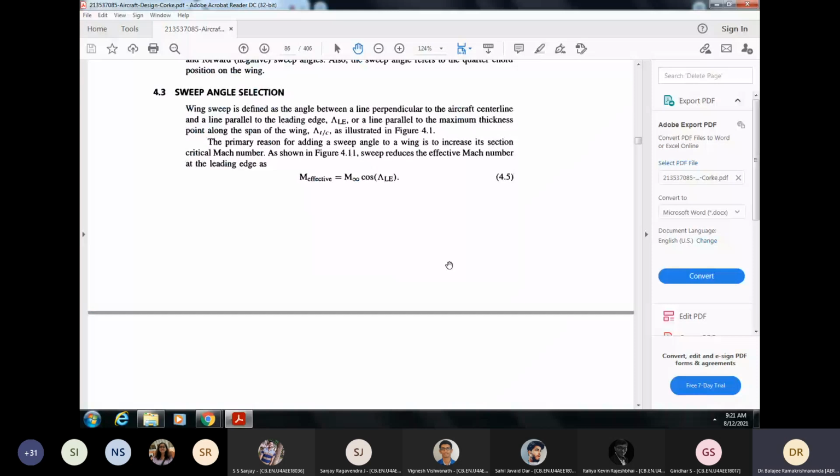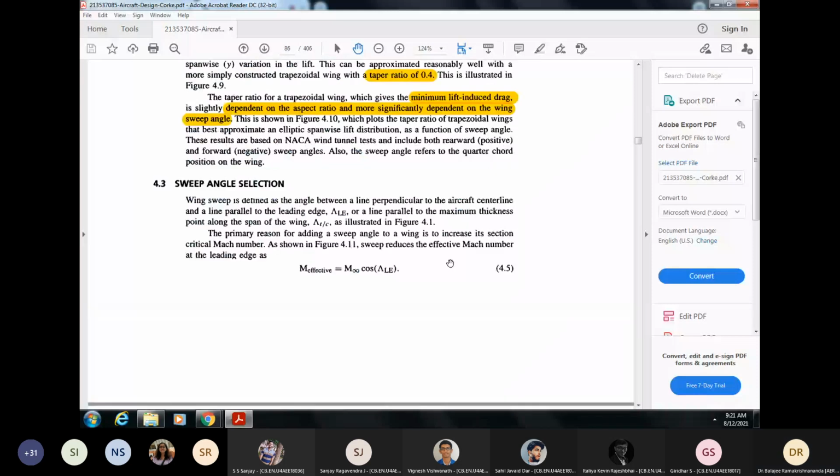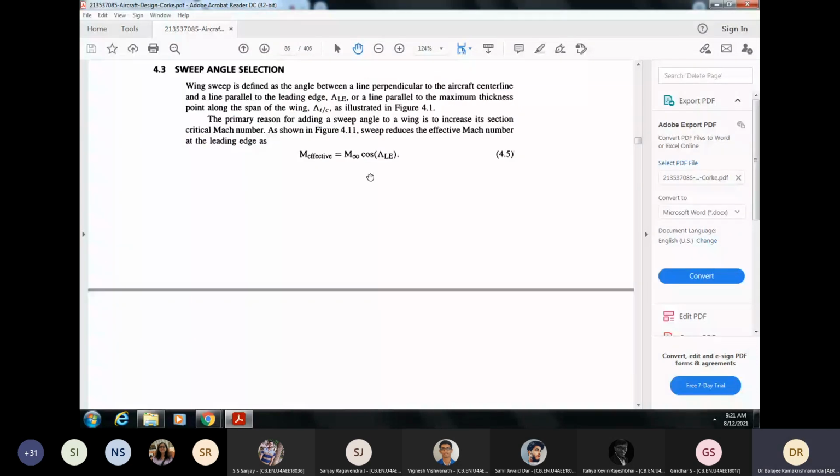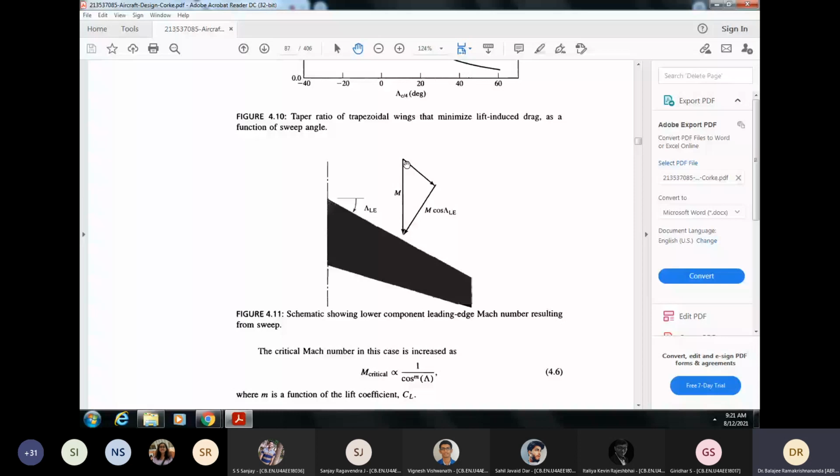Now, how will you select the sweep angle? What is the use of sweep? Sweep increases the critical Mach number of the wing. So, if M is the Mach number, the effective Mach number becomes M cos of the leading edge sweep.